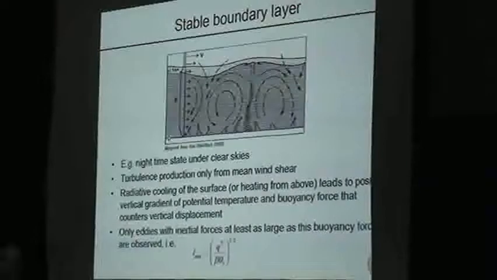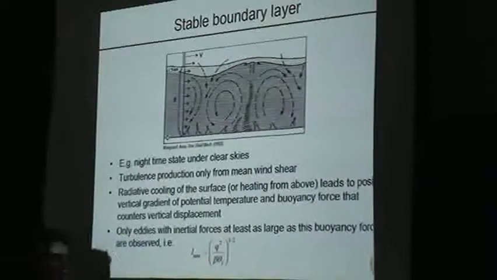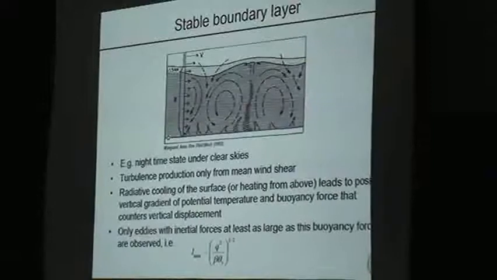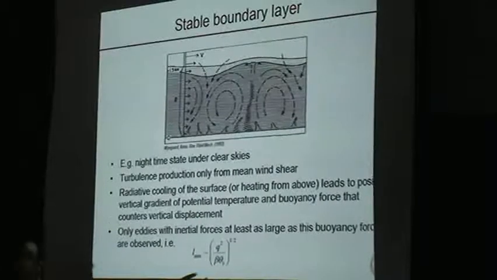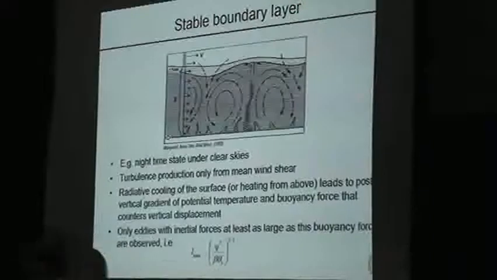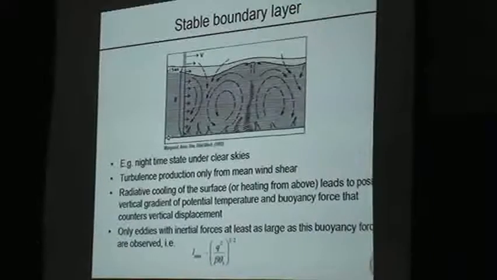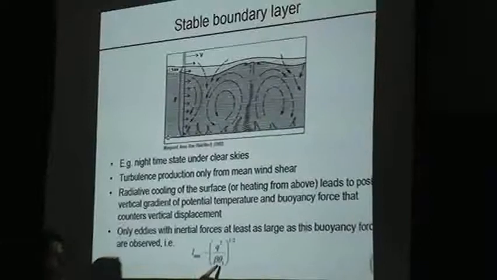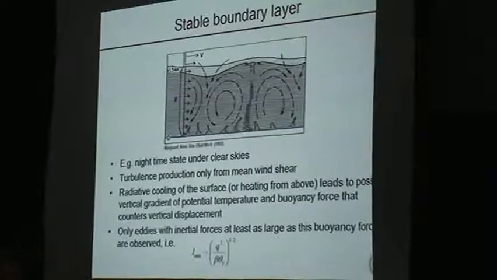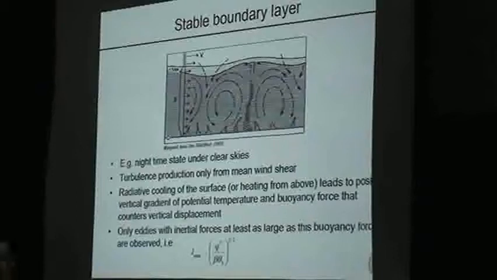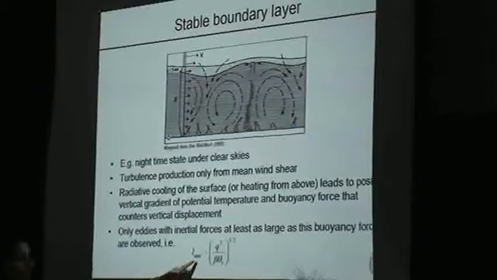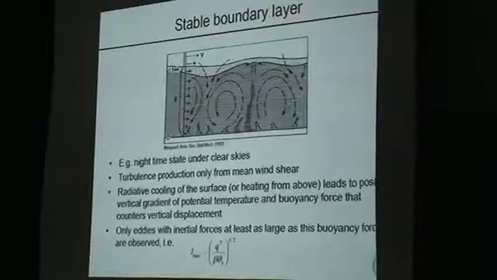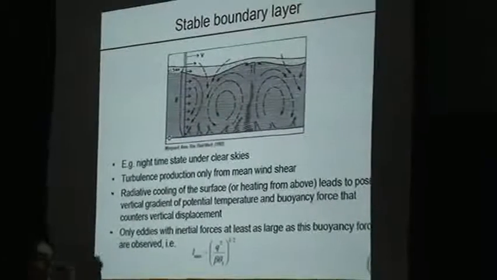We're in a Boussinesq approximation, so beta here is gravitational acceleration divided by the temperature, and theta 3 is the gradient of temperature in the wall normal direction. If you balance the two forces, beta theta 3 times L would be the buoyant force, Q squared on L would be the inertial force, and if you work out what size of eddy is required to balance those two forces, you get this length scale here.